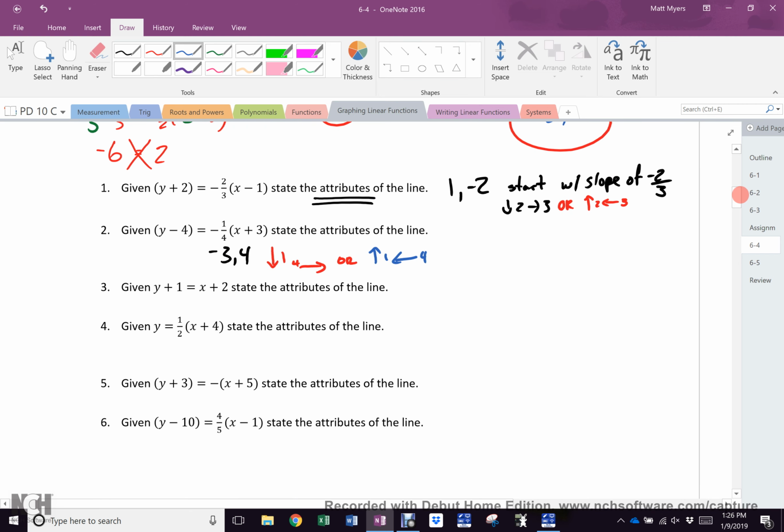Now, what's different in number 3? There's no number written for slope. What number, when we multiply, do we not write? 1. So what would this really be? 1 over 1. So what is our starting point? -1. And then we would go up 1 and right 1, or down 1 and left 1.